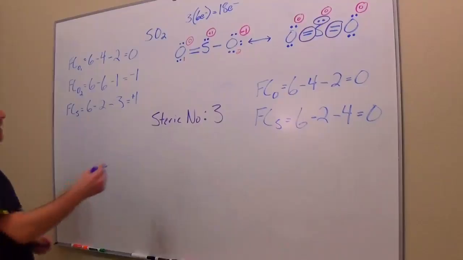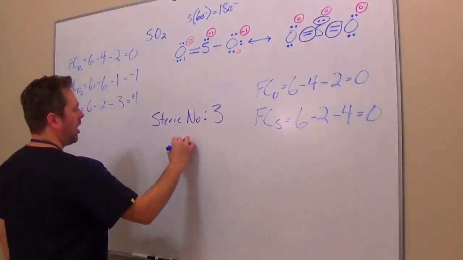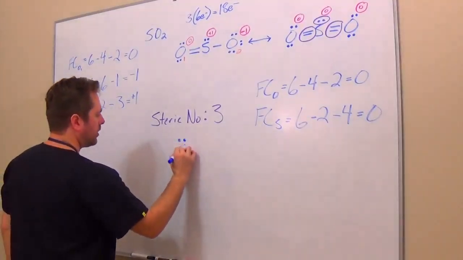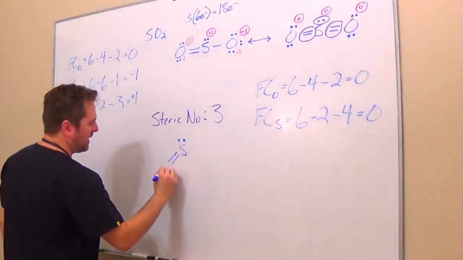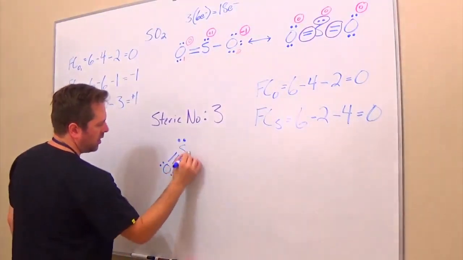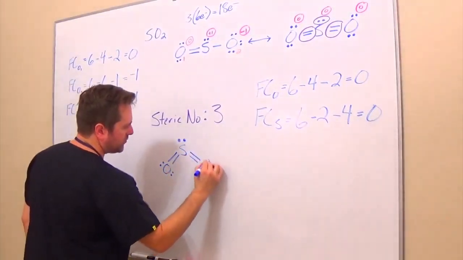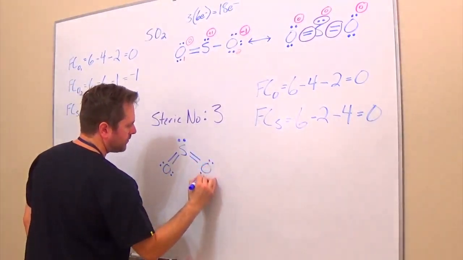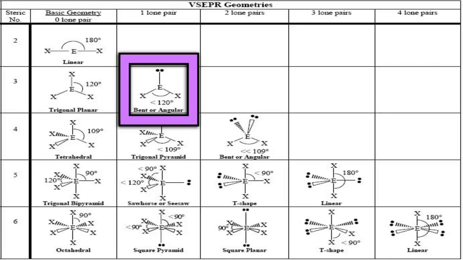So let's draw a better representation of the molecule. So it would have this bending, this bent type of shape about it. Now look back at the table.